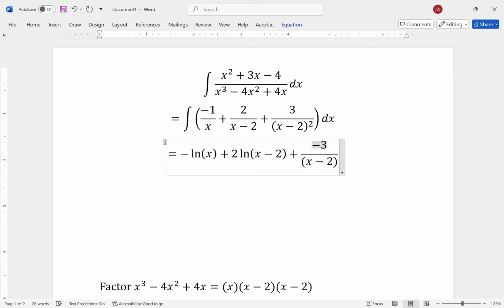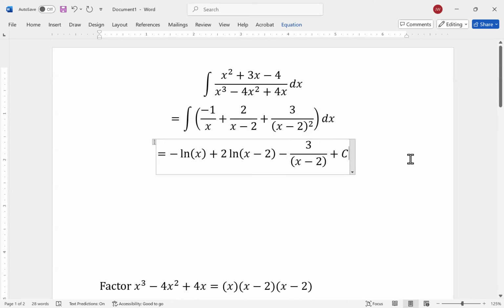Dividing by -1 would turn that 3 into a -3. And you can rewrite it as plus a -3 or -3 over X minus 2. And then, like always, we tack on any constant that we want. So we tack on any plus C that we like.